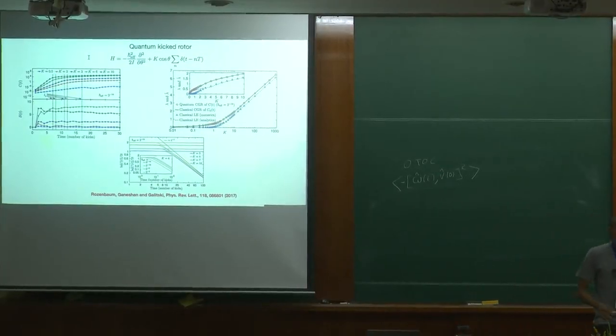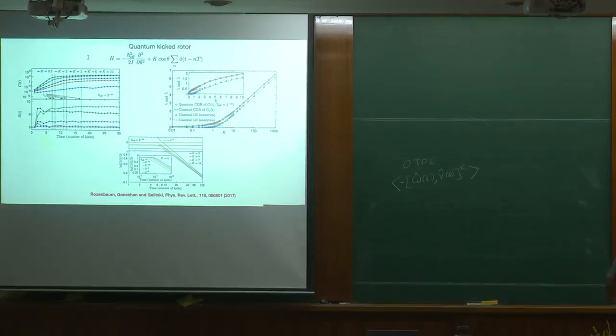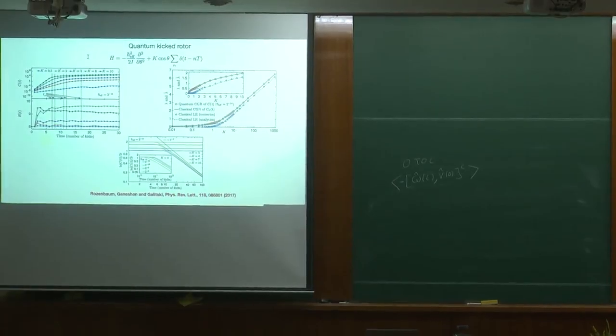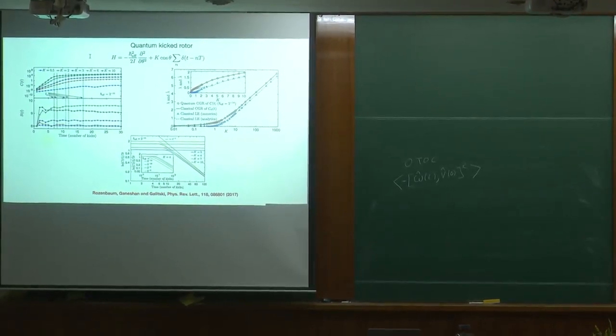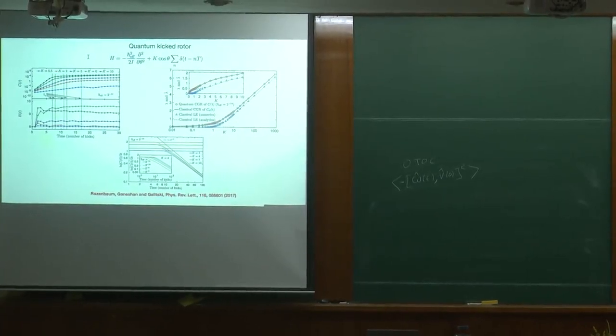Now, performing this calculation even for a system with just 1 degree of freedom analytically is difficult, and so then one has to resort to numerics. And of course, if you're going to do this numerically, then you have to somehow make the calculation finite sized or finite dimensional, because the quantum mechanical system, even though it has 1 degree of freedom, has an infinite dimensional Hilbert space.